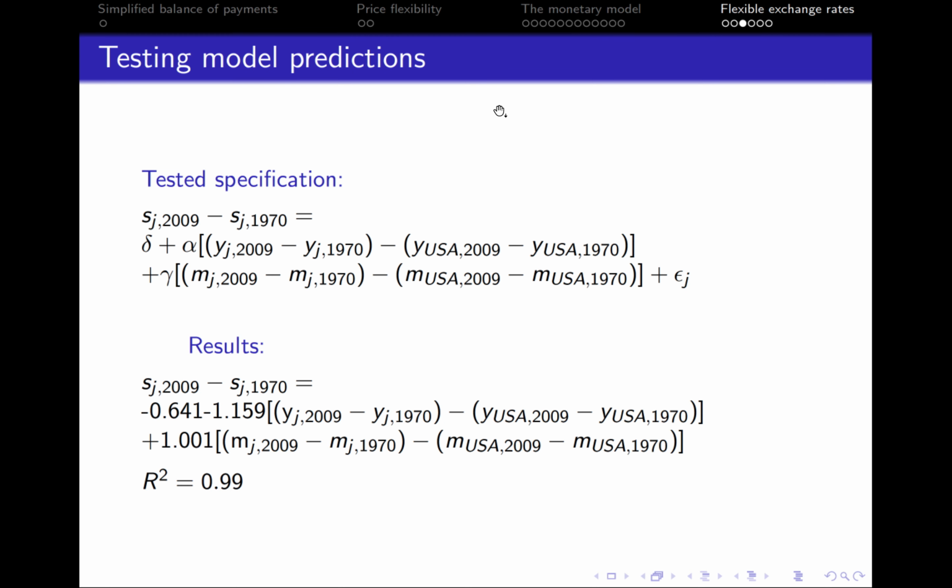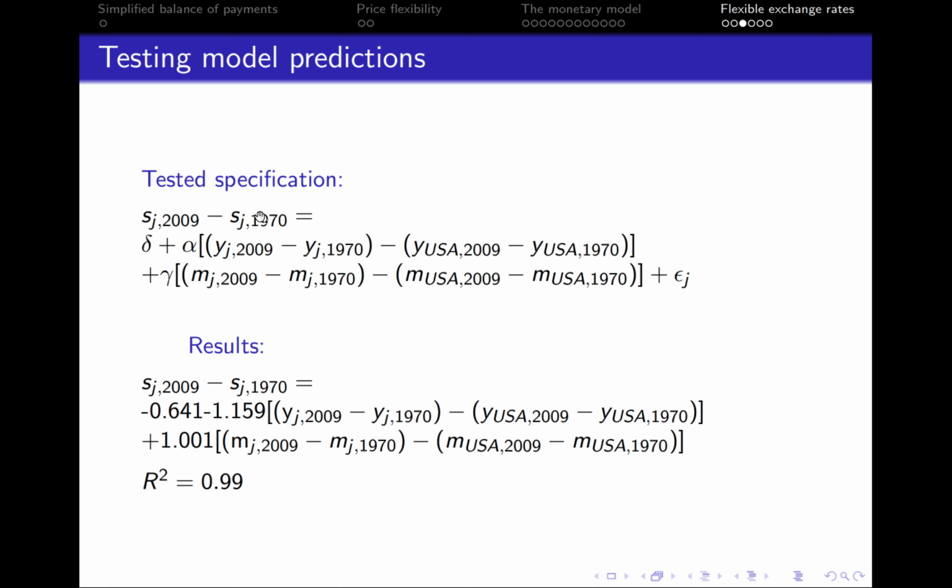Okay, so what is the specification we are going to test? Look, we are taking data on 72 different countries, and we refer them each to the United States. So here you see the exchange rate against the United States of country j in 2009 minus the exchange rate of country j in 1970.